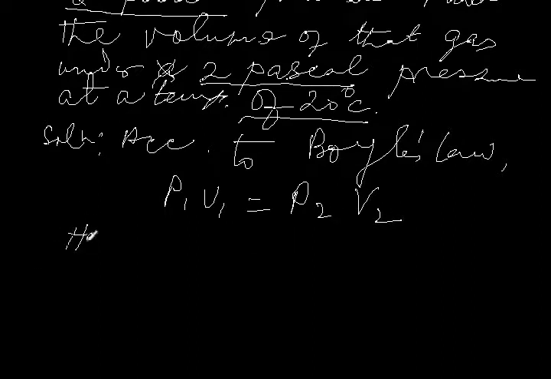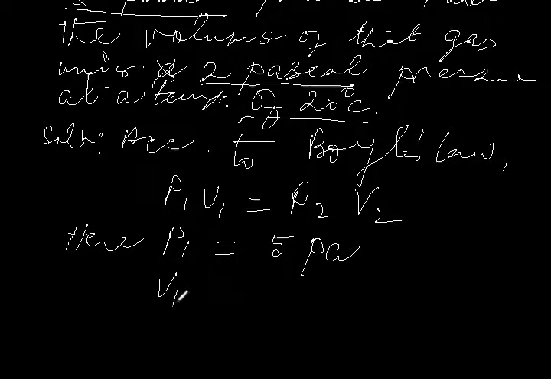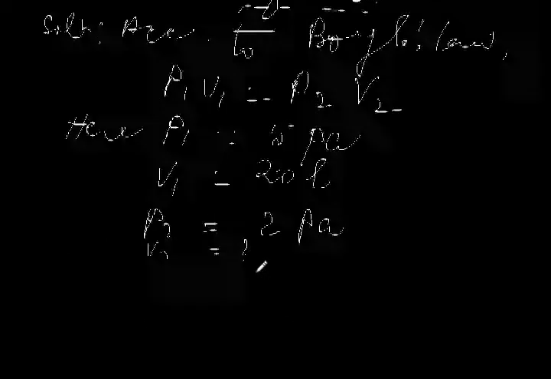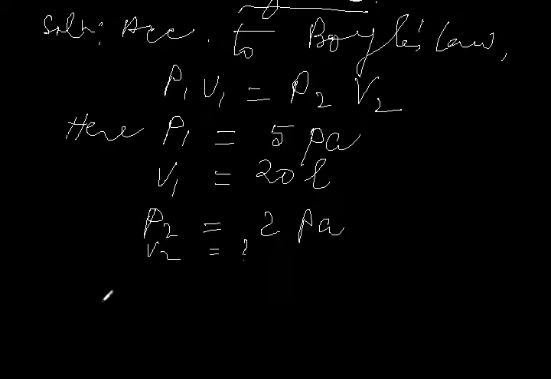Here P1, that is initial pressure, was 5 Pascal, and initial volume under 5 Pascal pressure was 20 liters. Final pressure P2 equal to 2 Pascal. Final volume V2 equal to, what is the final volume?